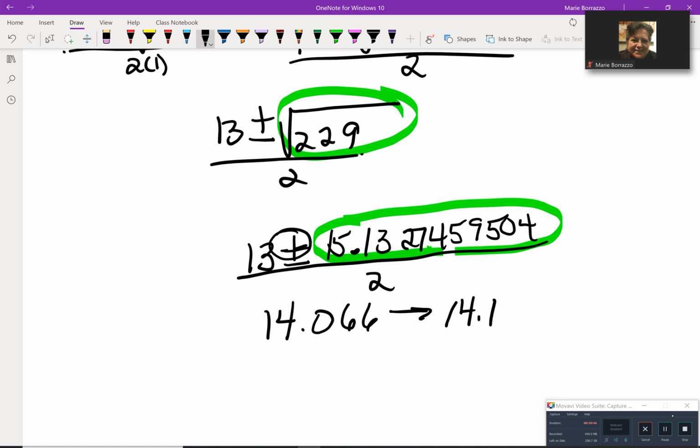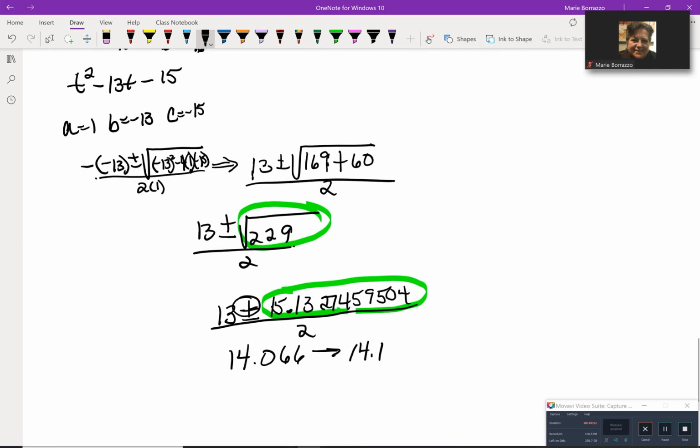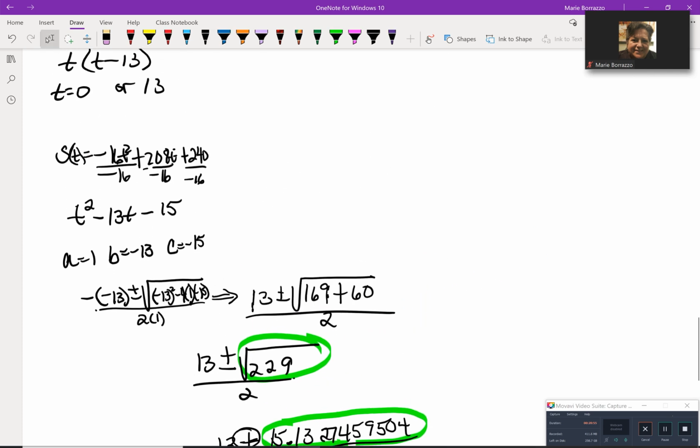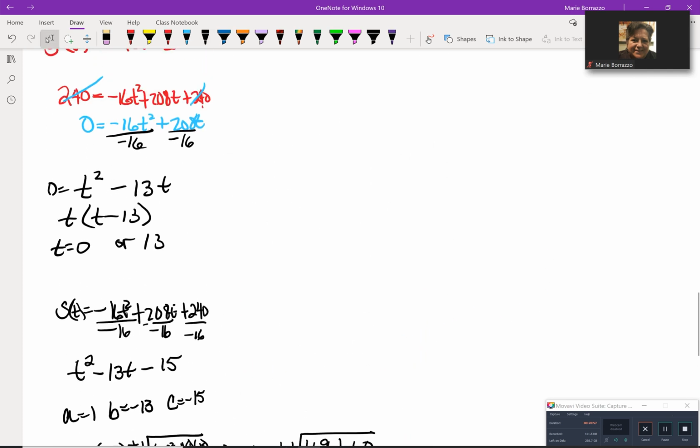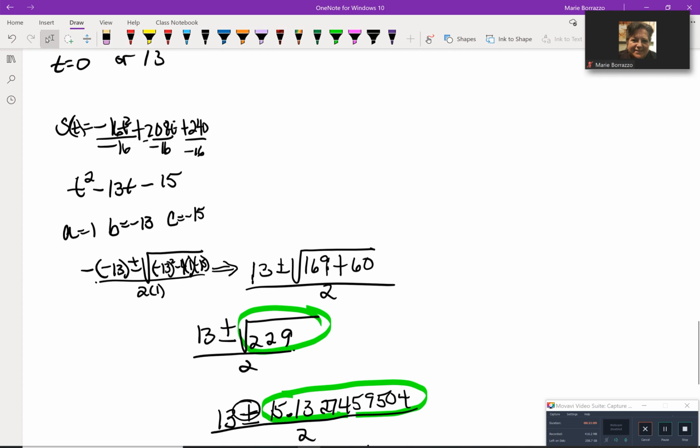And that's how we obtain the exact answer for that question. That would be probably the better or more secure way of doing it. If you do it like this, you're kind of guessing, and if you have an answer that's close to 14.1, say they give you a 14.1 and a 13.9, how would you know which way to go? So I would definitely use the second method I just showed you.